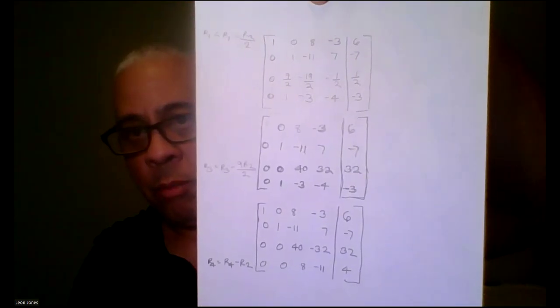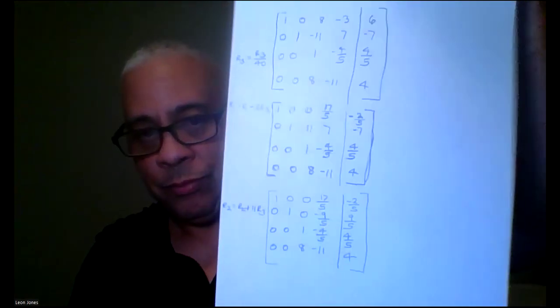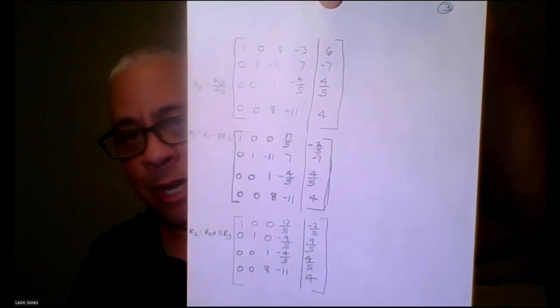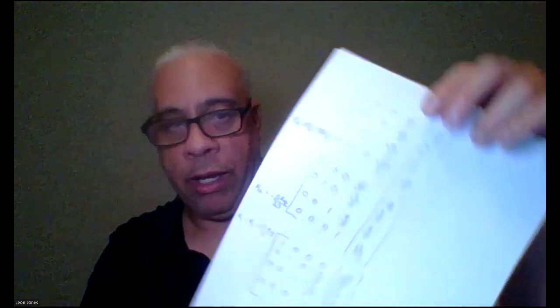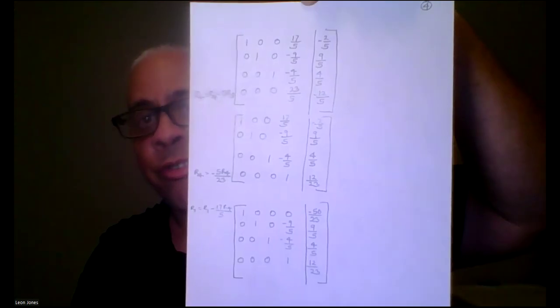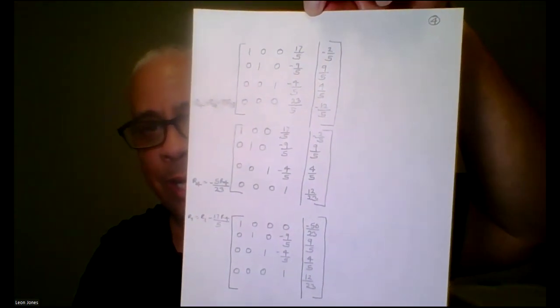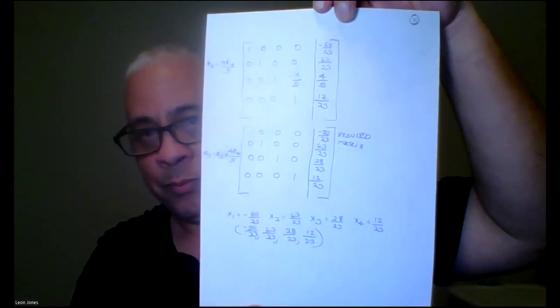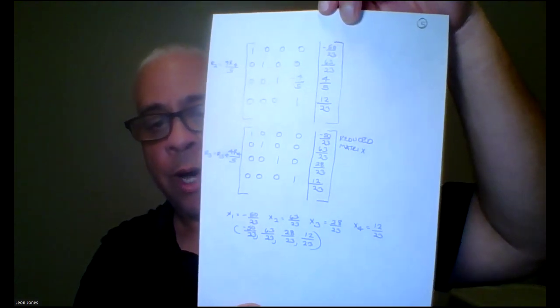And you see R1 minus R2, that's row reduction. Here's the third page. It's the work that I've done. I did all this by hand. The fourth page. Now, this is the Gaussian-Jordan elimination or row reduction echelon form. You're going to find a lot.